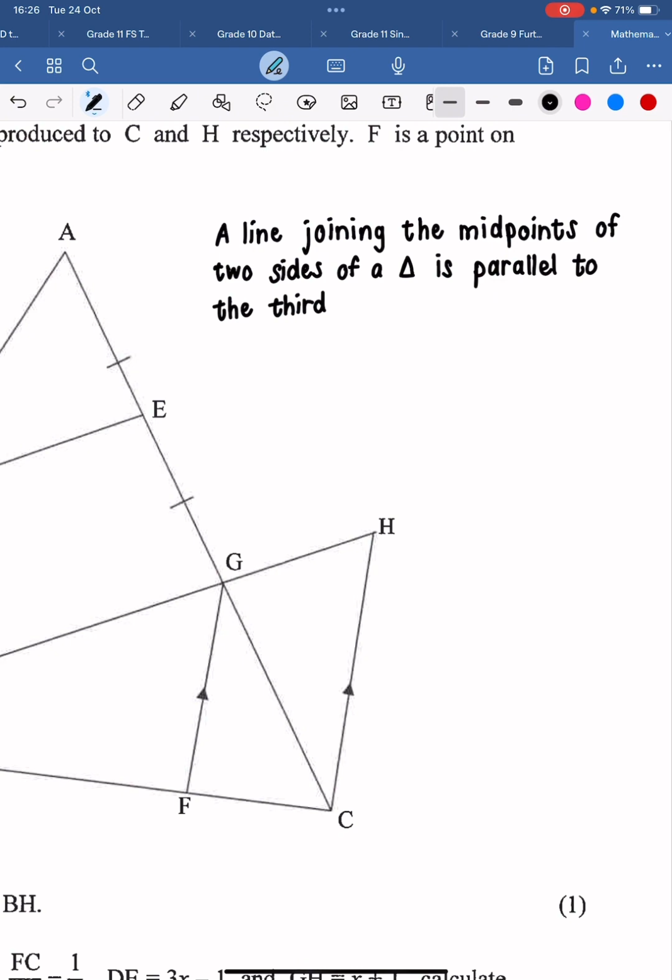I also think it goes blurry when my hand is right underneath the camera, but I'll move it away. And a line joining the midpoints of 2 sides of a triangle is parallel to the third side and equal to half its length.